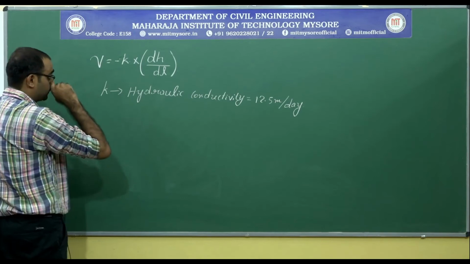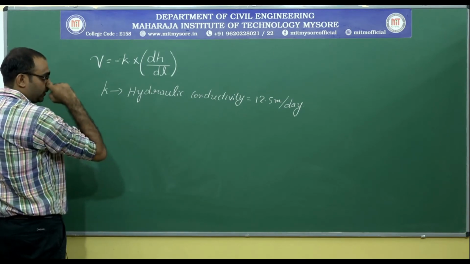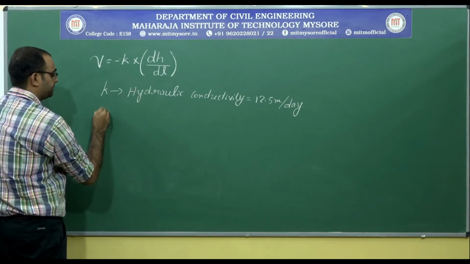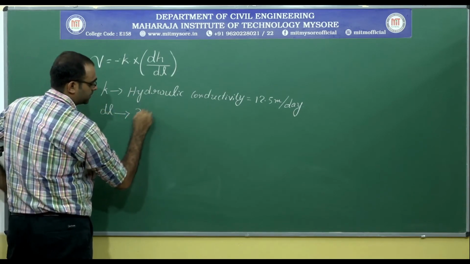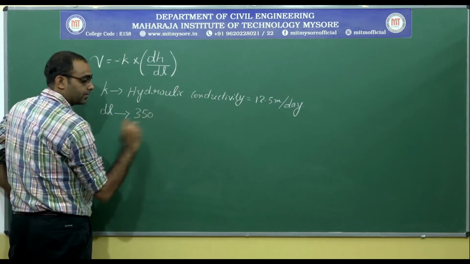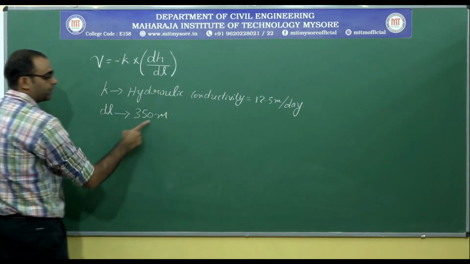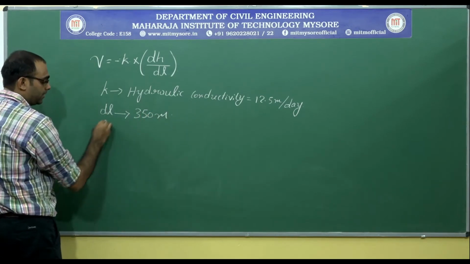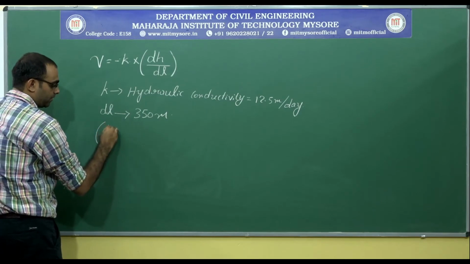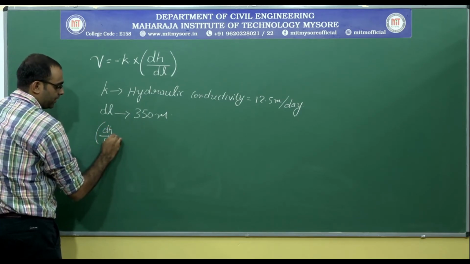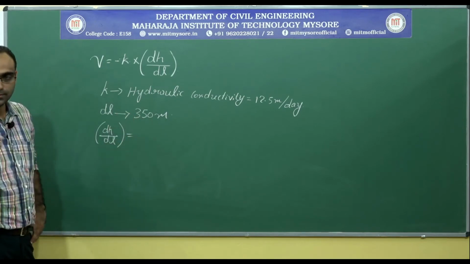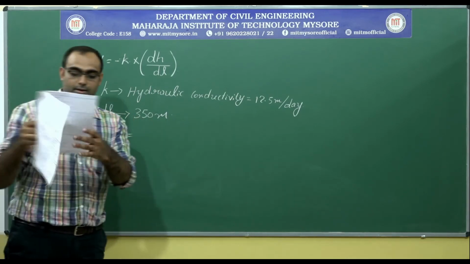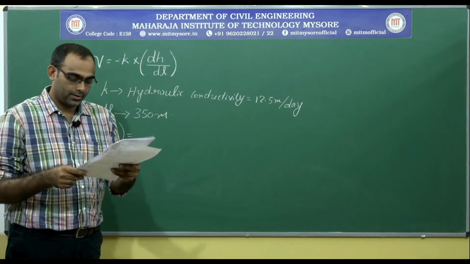The next is, they have given the data of dl, that is the distance between two observation wells is 350 meter apart, and they have given the value of dH as well, as you can observe in the question.